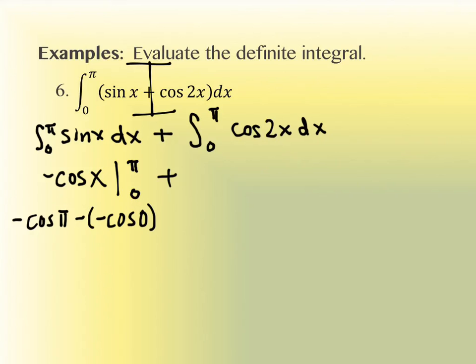What's the cosine of pi? Negative 1. So this is negative of negative 1. These two negatives cancel to be a positive. There's lots of those going on. Then what's the cosine of 0? Yes, 1. What do I have at the beginning? 2. This is 2. 2 plus something that I haven't found yet.